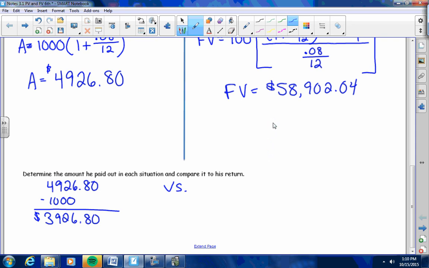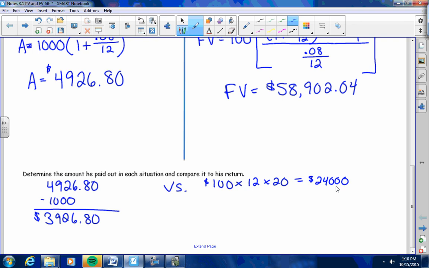Now let's figure out, that's versus situation B. We need to know how much in total he paid out in situation B. Okay, so he put in $100 every month for how long? 20 years. So $100 times 12 months for 1 year times 20 years equals $24,000.